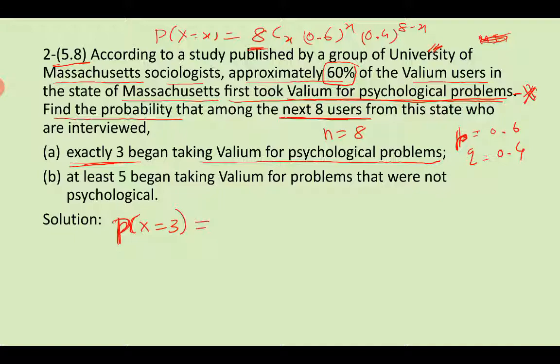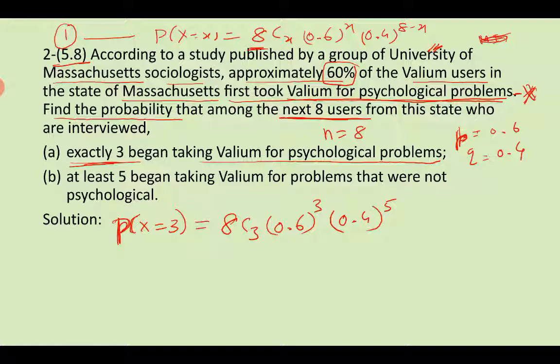So x is 3. Substitute the value of x in this equation number 1: 8C3, 0.6 to the power 3, 0.4 to the power 8 minus 3, which is 5. So what is the answer?